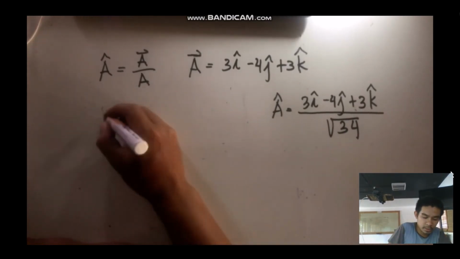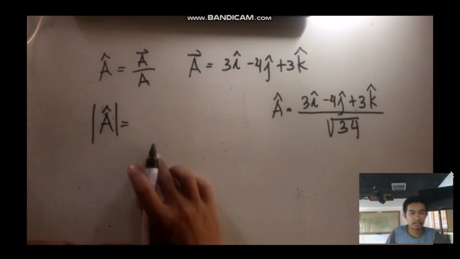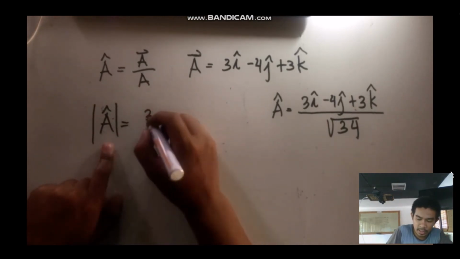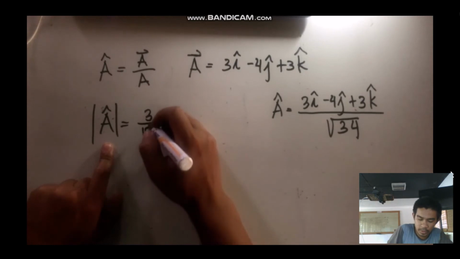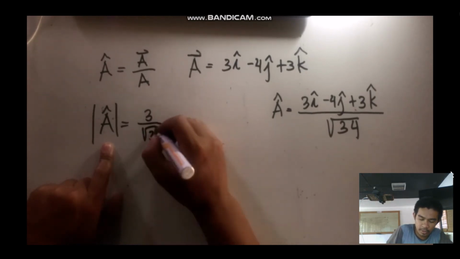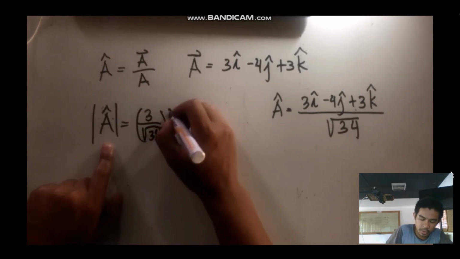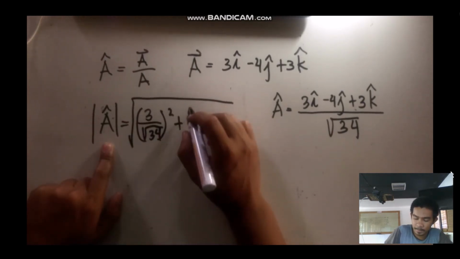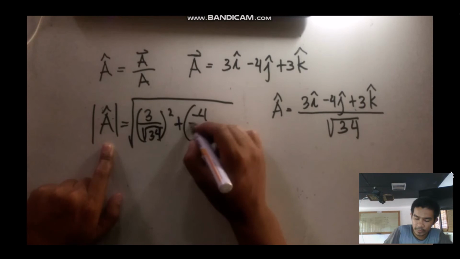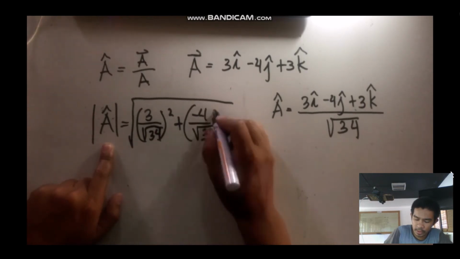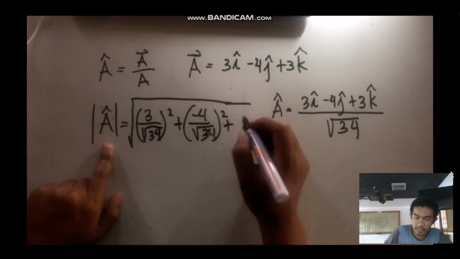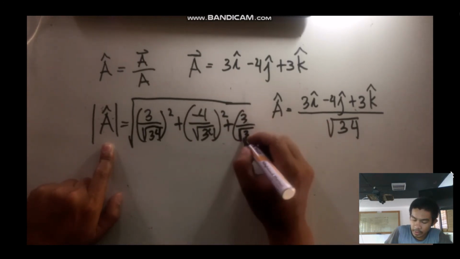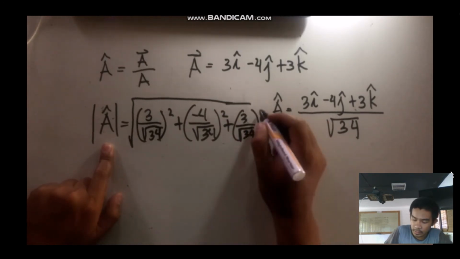The magnitude of unit vector A must be the square root of 3 over square root of 34, squared, plus negative 4 over square root of 34, squared, then plus for z, 3 over square root of 34, quantity squared.